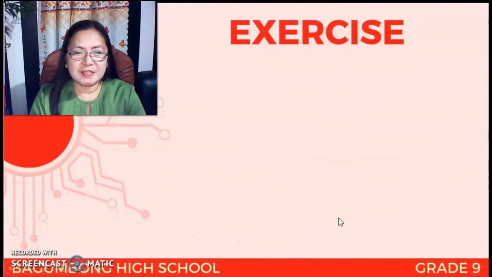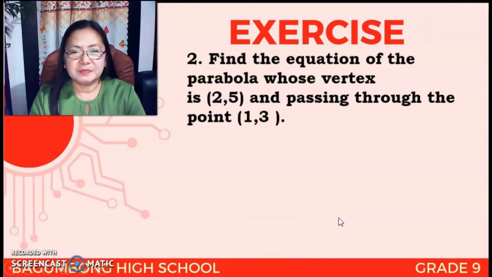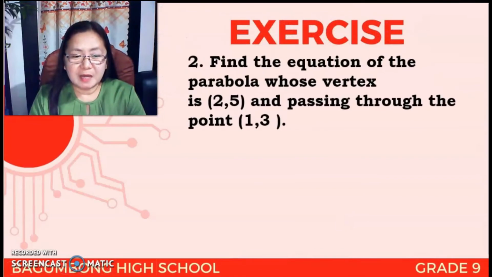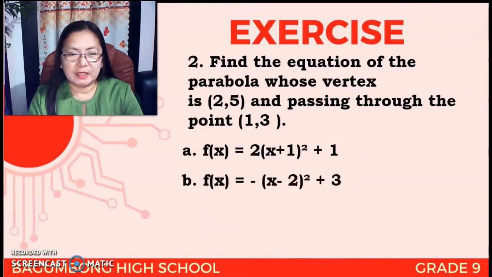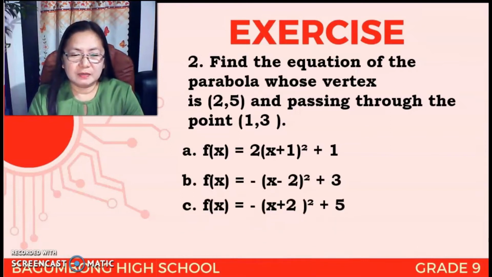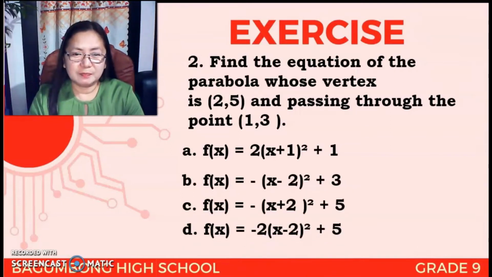Okay, let us proceed to number 2. Find the equation of the parabola whose vertex is 2, 5, and passing through the point 1, 3. Is it letter A, letter B, letter C, or letter D?